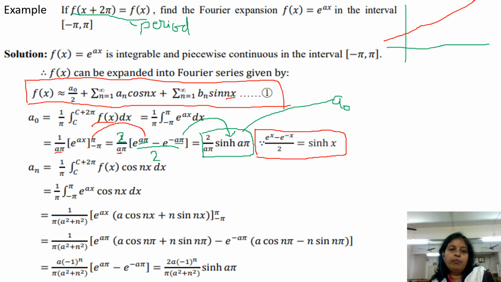Now let us see an. We know the formula 1 upon pi, minus pi to pi, since our interval is minus pi to pi, f of x cos nx dx. In place of f of x, we will write e to the power of ax.